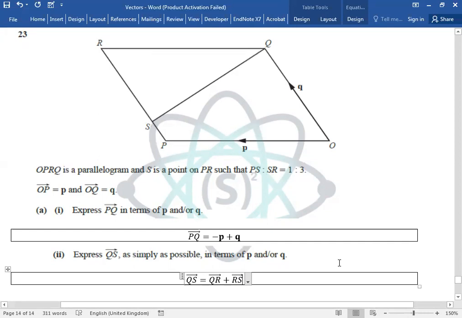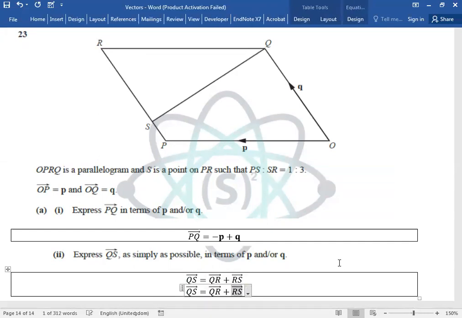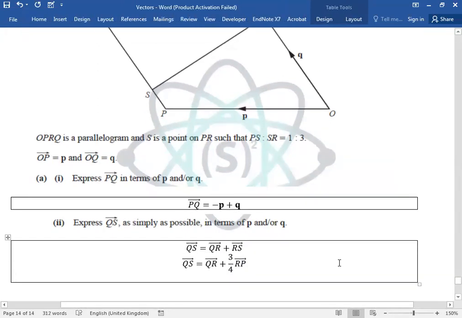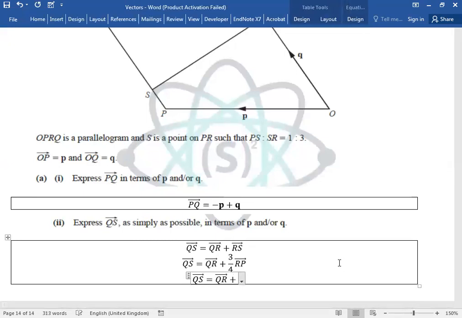But I want to relate it to the total. मैं इसको पूरे total से रखी. Why am I doing so? क्योंकि मुझे total वाला पता है. So total का कितना हो जाएगा? 3/4 of RP. Be very careful with the directions. Is that right? So इसमें से QR क्या है?